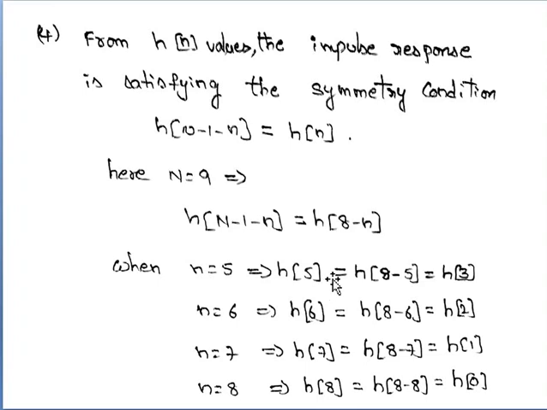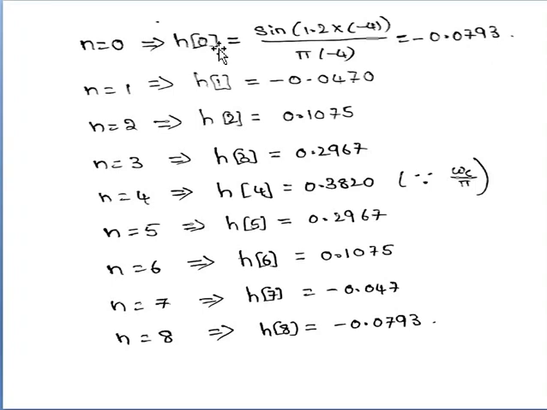Based on these coefficients, you may easily understand that h of 0 is here, h of 1 is this one, this h of 1 is repeated here, h of 7 is h of 1, h of 0 is repeated in h of 8, h of 2 is repeated here in h of 6, like that.